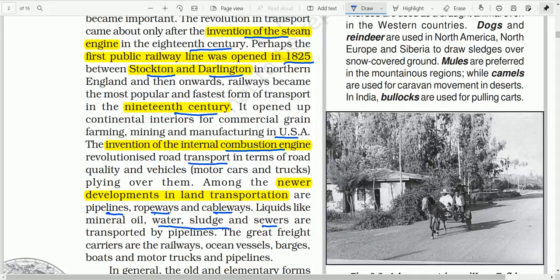And great freight carriers are the railways, then ocean vessels, big ships, then barges, boats, motor trucks, and the pipelines. Barges, this is a flat bottom boat for carrying heavy goods. It is a flat bottom boat for carrying heavy loads.